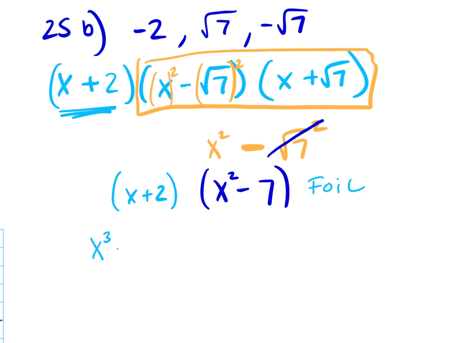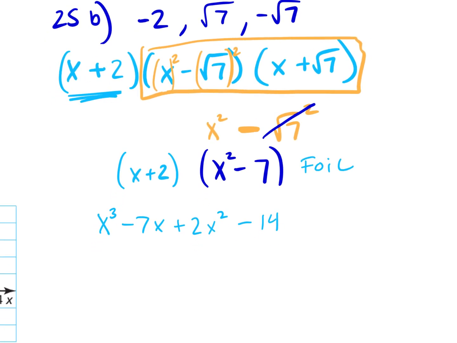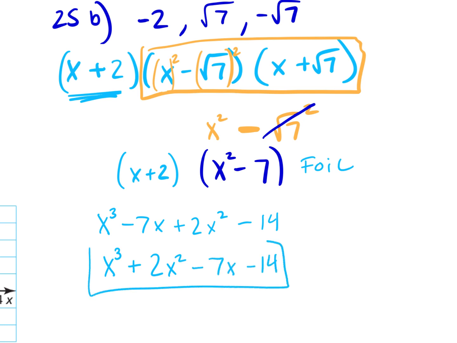The outers would be negative 7x. The inners would be plus 2x squared. And then the last would be negative 14. Could I leave my answer like this? No, why not? It's not in standard form, so I got to put it in standard form. Start with x cubed plus 2x squared minus 7x minus 14. So this would be our answer.